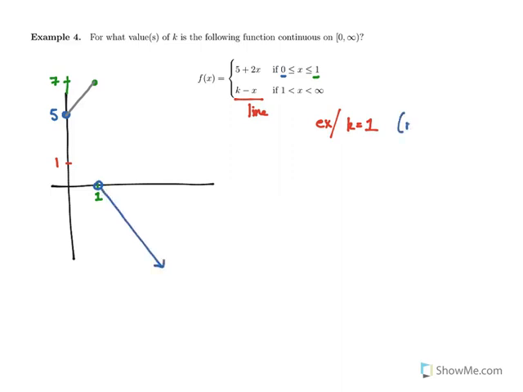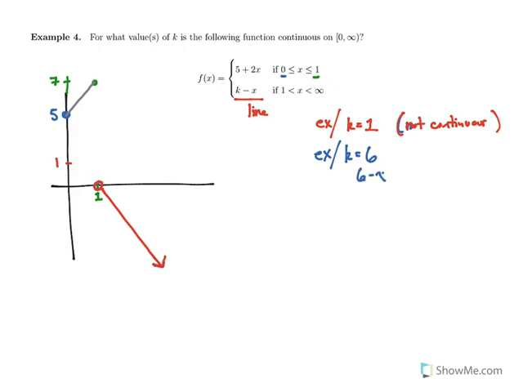And this would be not continuous, because it doesn't match up with that function. It's like the example before. Let's say that we did an example like k equals 6.